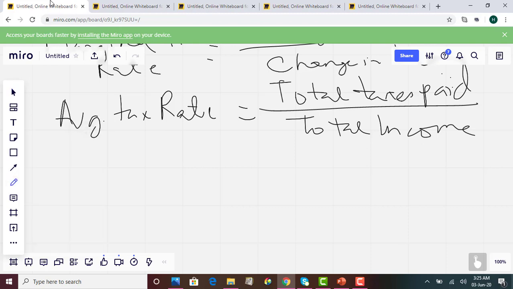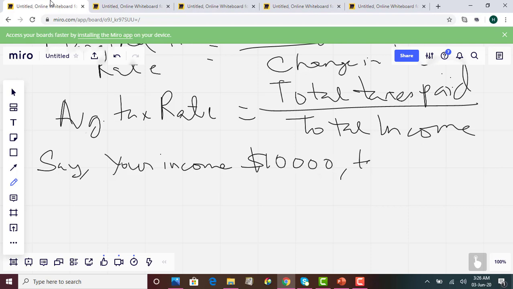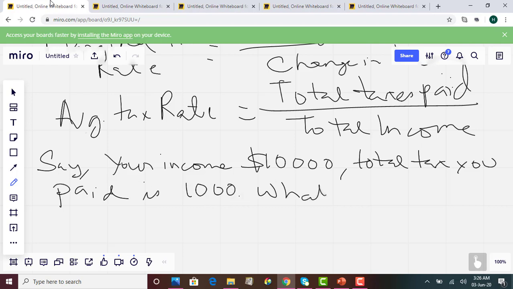Okay, so let me do an example. Let's say your annual total income is $10,000, and the total tax you paid is $1,000. What is your average tax rate?